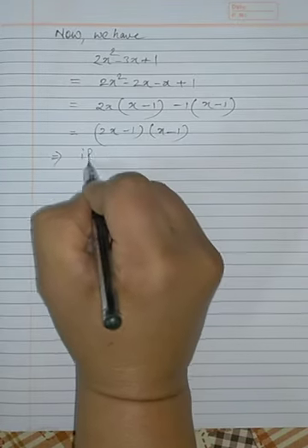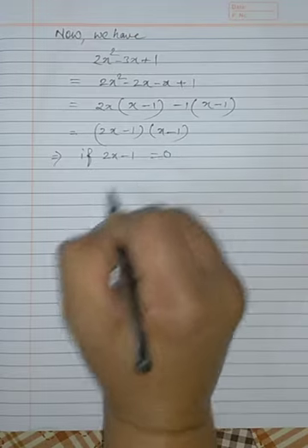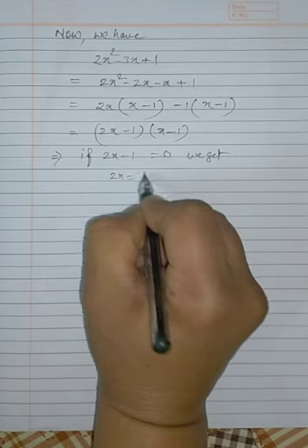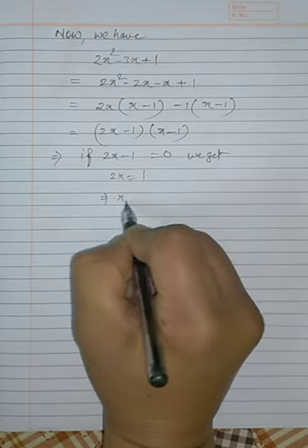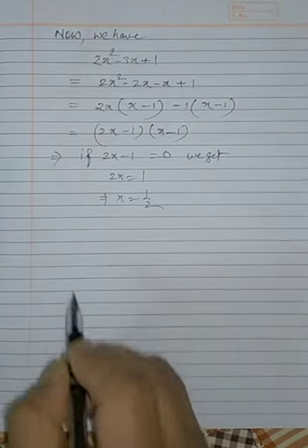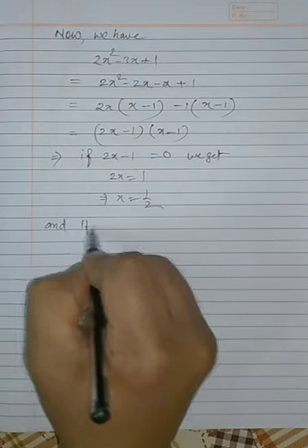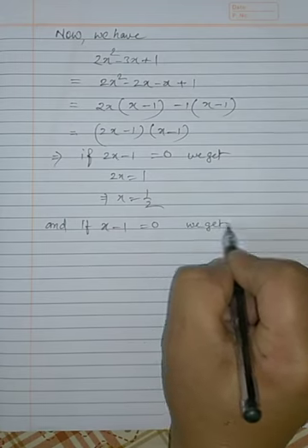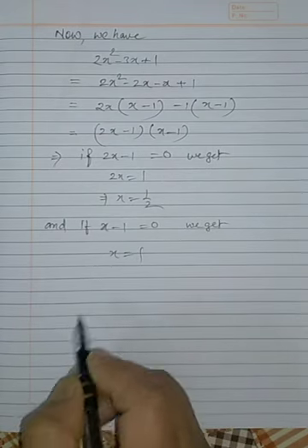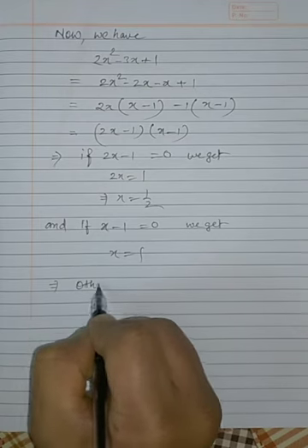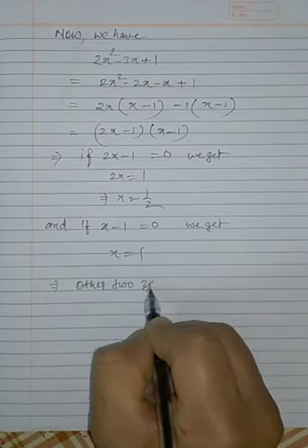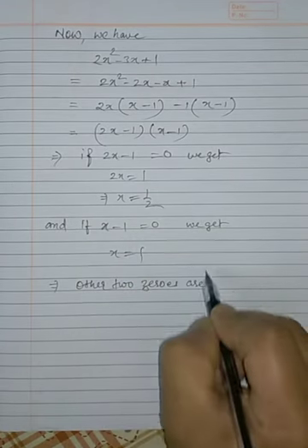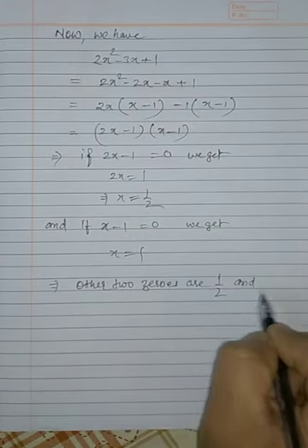If 2x minus 1 equal to 0, we get 2x is equal to 1, that implies x is equal to 1 by 2. And if x minus 1 equal to 0, we get x is equal to 1. That implies the other 2 zeros are 1 by 2 and 1.